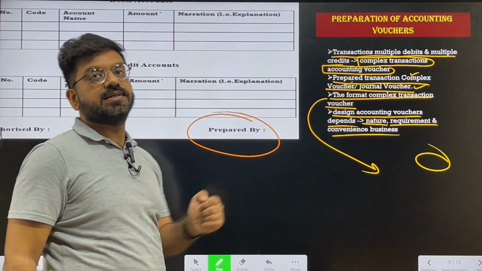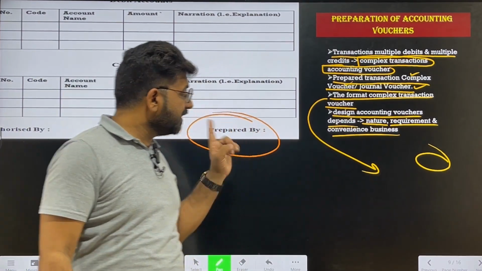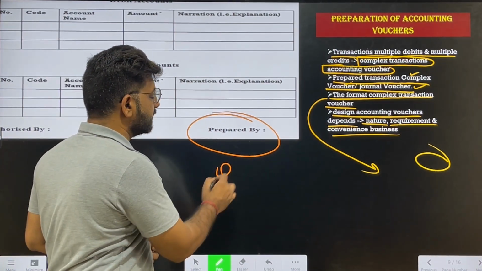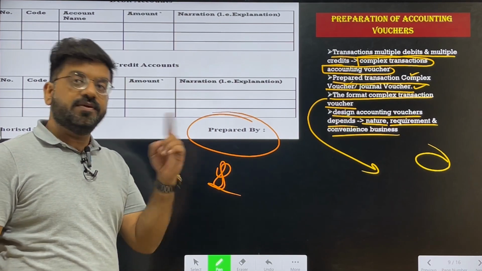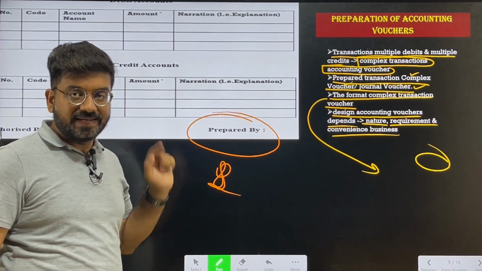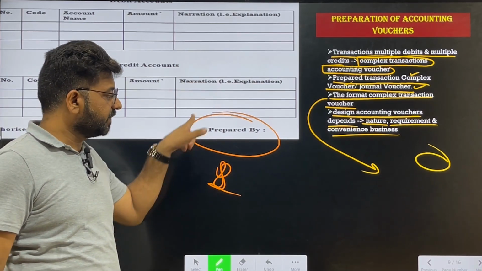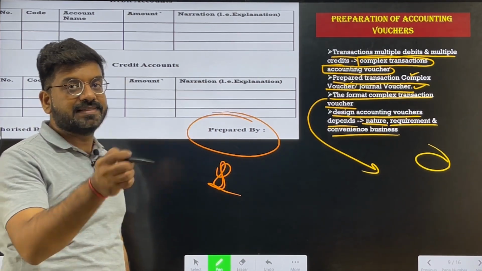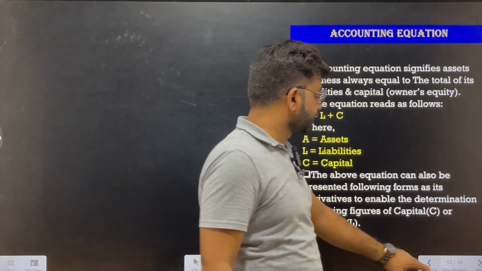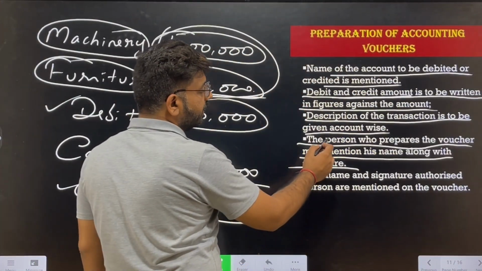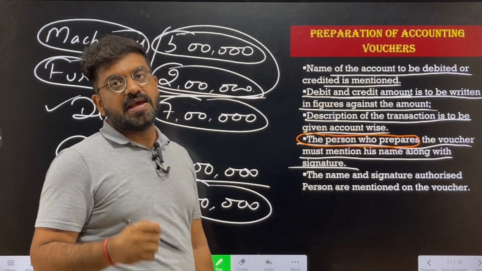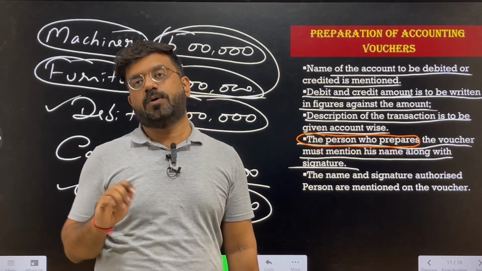So the person who is preparing this voucher has to mention his name and has to sign as well, so that in future if there is any dispute, we can take hold of that person and ask him, this has been prepared by you, why is this wrong, what is the amount of fraud you have done. So the person who is preparing the voucher should mention his name and should also sign that particular voucher.